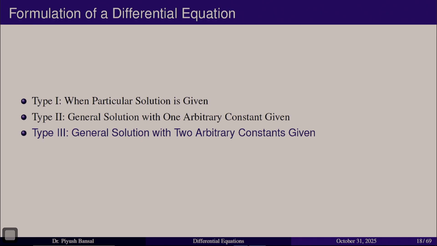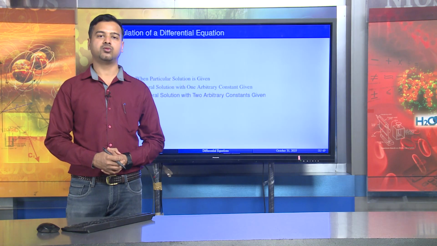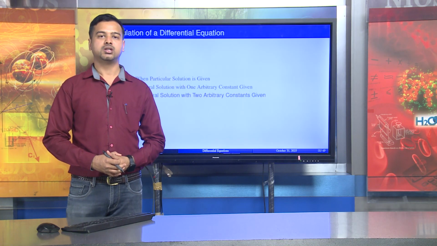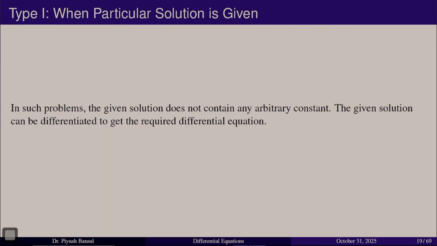We will start with type 1, when a particular solution is given. Basically, some solution without any arbitrary constants will be given to you, and you will be supposed to find the differential equation involved. Okay. So, let us look at that first case. In such problems, the given solution does not contain any arbitrary constant, and the differential equation can be found by differentiating the given solution.